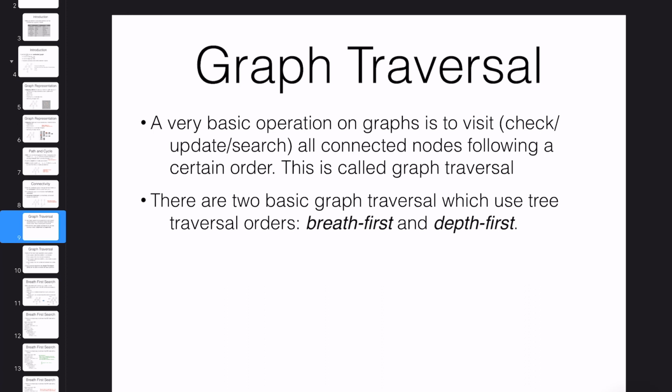So when you have a graph, in almost any algorithm that you run over the graph, you're going to visit a couple of nodes in the graph. If you want to visit all the nodes in the graph, this is called graph traversal.